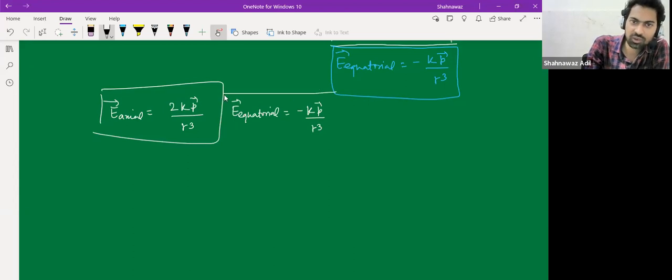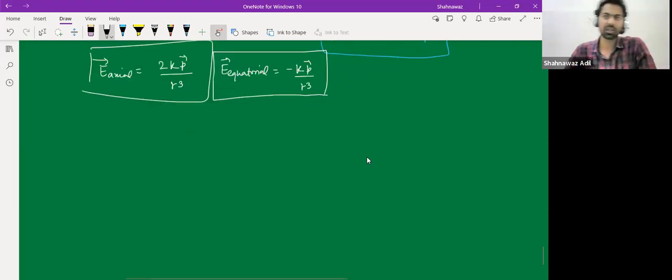So there is this question where we have to find the total electric field if we have two or three electric fields. What would be the total electric field? What would be the electric field due to multiple charges?